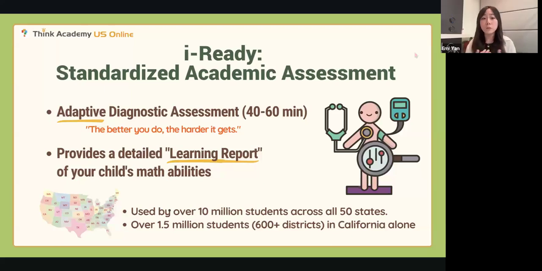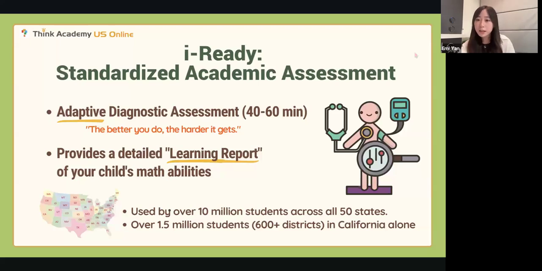And if you do some questions wrong, you're also going to see some questions in grade 4. So the better you do, the harder the exam will get. There's no time limit, but depending on how you do, it's going to be 40 to 60 minutes. Since it is very adaptive, the system is very smart and will be able to provide you with a very detailed learning report based on your kids' performance in these exams.